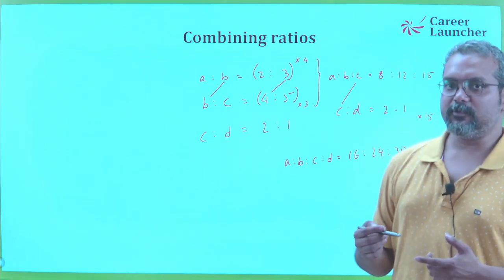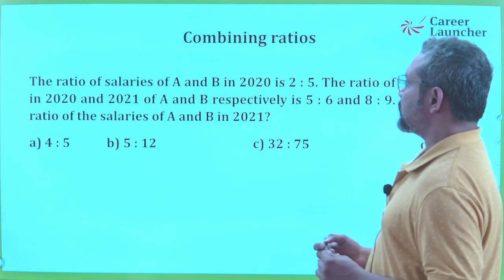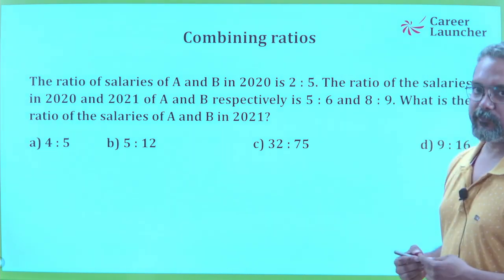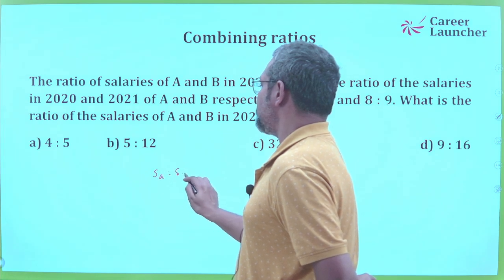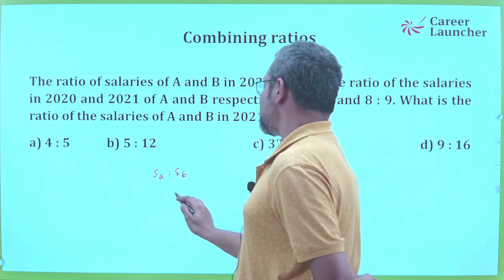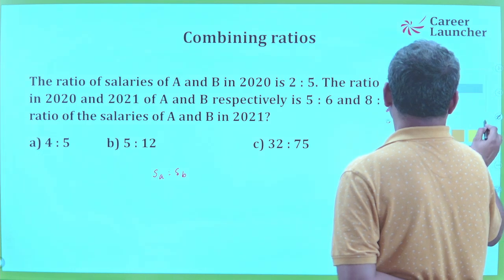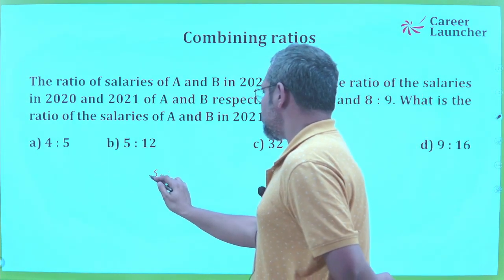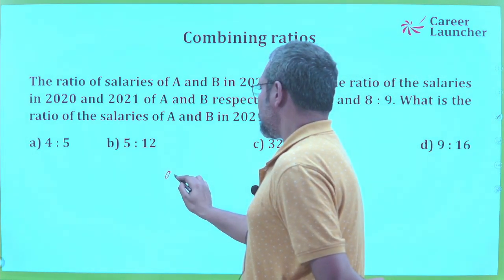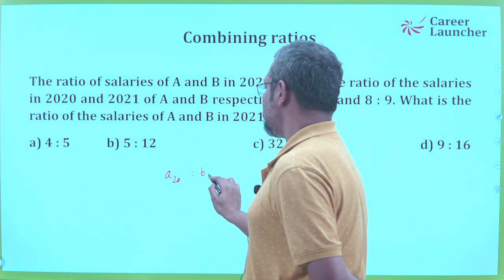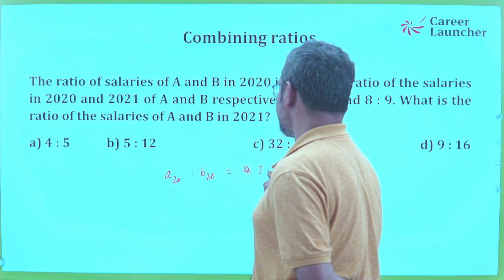Right, now let's use this to solve the question. Here we have the salaries of A and B in 2020 as 2 is to 5. So instead of using this notation, let us use A in 2020 to B in 2020 is 2 is to 5.